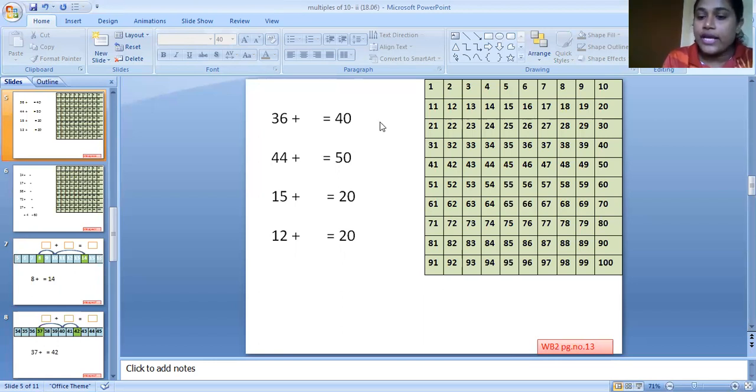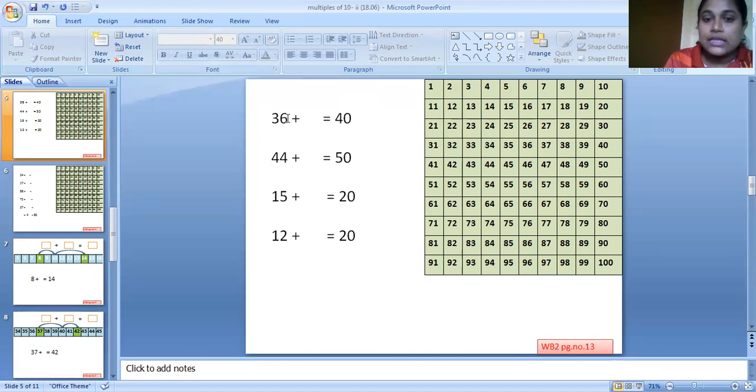Also the knowledge we have gained on number bonds to 10 will help us to find the answer. First, look at this. We have 40, that means a complement of 10. And here we have 36.